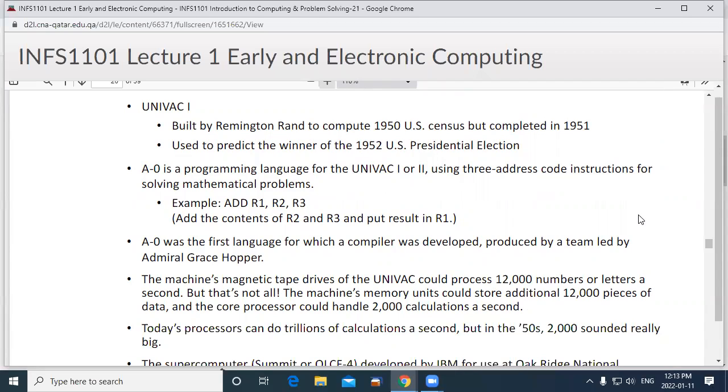So we got the architecture designed that way, and we can make the programs work that way. And so these computers, the UNIVAC, for example, were built based on that model of input, processor, memory, output, so that we could do the fetch, decode, execute.